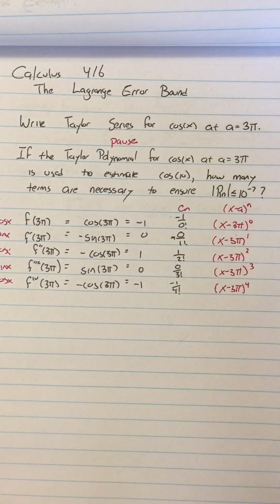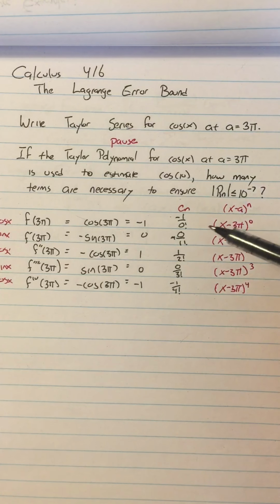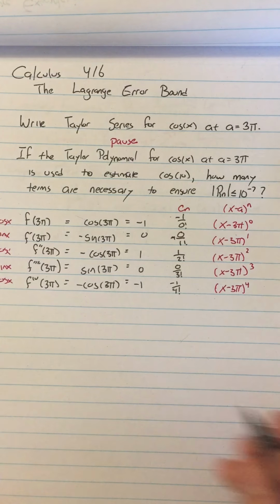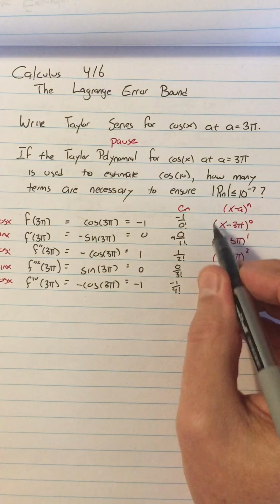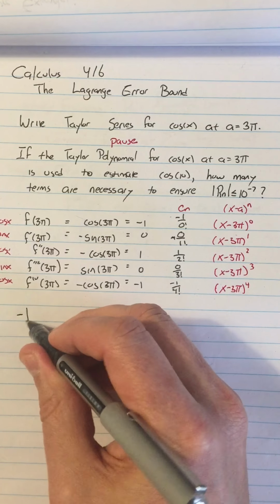Some people might jump straight to the sigma notation from here. I'm not going to. I'm going to start by writing out a few of the terms so that I can get the pattern for the sigma notation. So I have negative 1, since this is just 1.